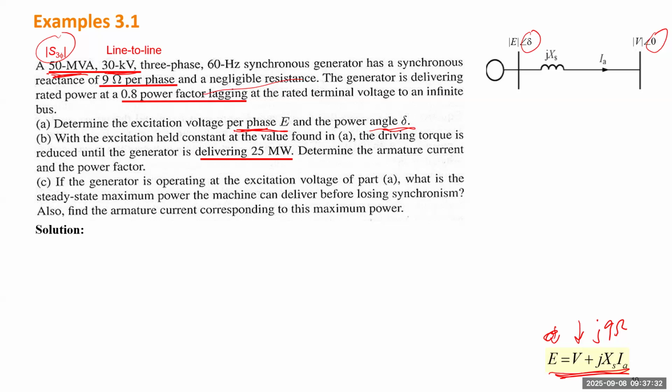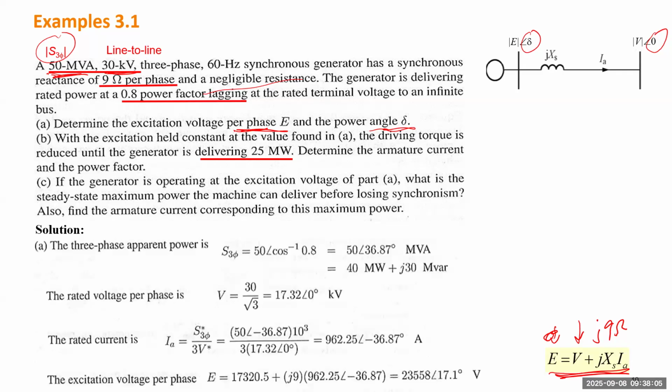The second question is, if we keep the excitation constant at the value from A, and the driving torque is reduced until the generator delivers 25 megawatts, determine the armature current and power factor. The third one is, if the generator operates at the excitation voltage of part A, what is the steady state maximum power the machine can deliver before losing synchronism. Basically, just utilize the formulas from previous slides.